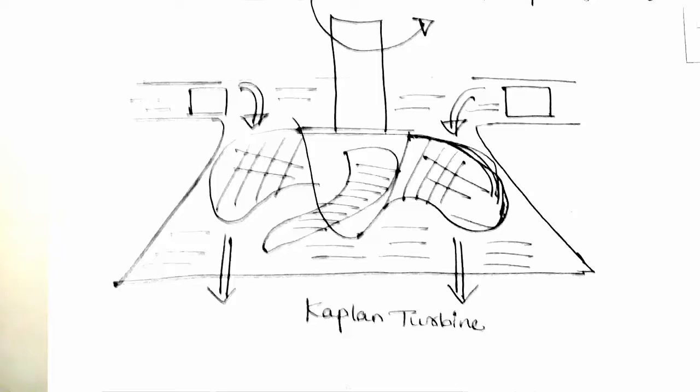As the head is low, the water will be flowing at a low velocity or low kinetic energy, and it will not be possible to generate the amount of kinetic energy or velocity needed to have a large amount of power production. So in such cases there would be the reaction turbine.